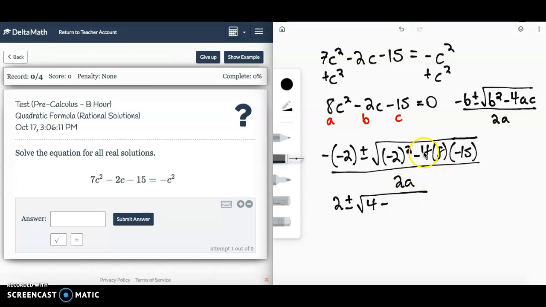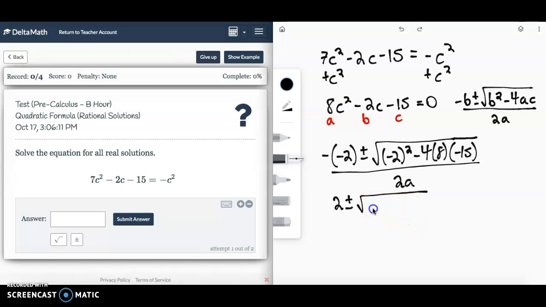And then if you want to do negative 4 times 8 times negative 15, or if you wanted to do it all in a calculator all at once, let's go ahead and do that. That seems like it would be nicer for us. So if I did parentheses, negative 2 squared minus 4 times 8 times negative 15, excuse me, I was like, I got the wrong answer.